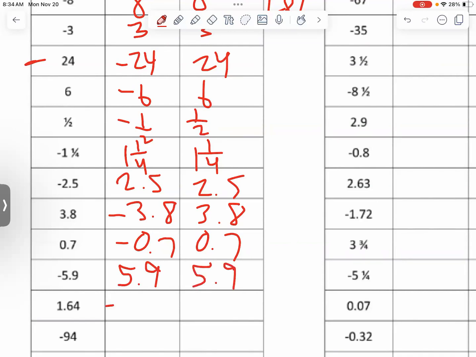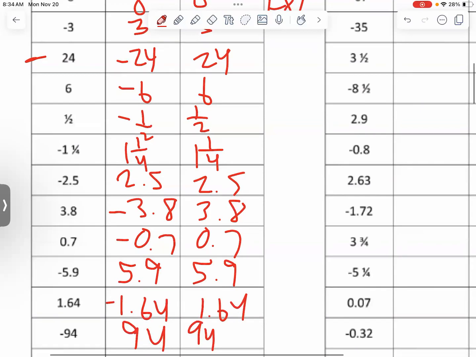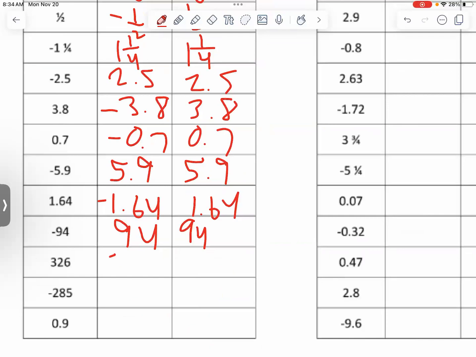The opposite, I'm changing the sign. The absolute value is just telling how far it is from zero. The opposite, we're changing the sign. The absolute value is just how far it is from zero.